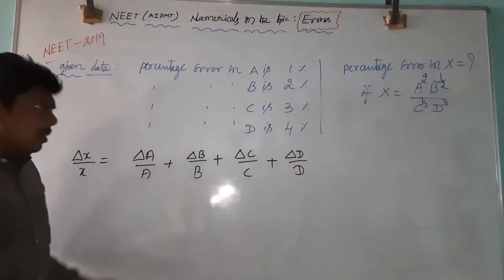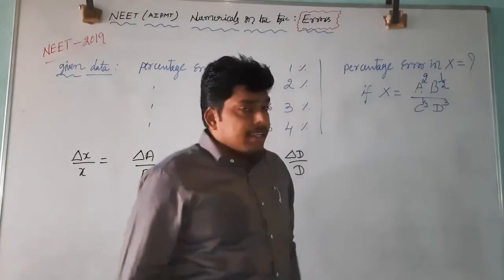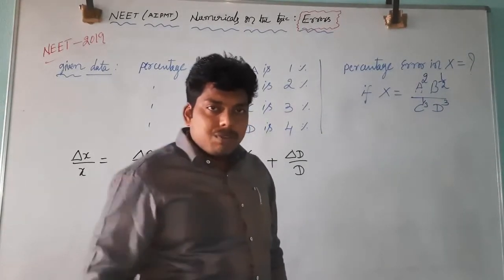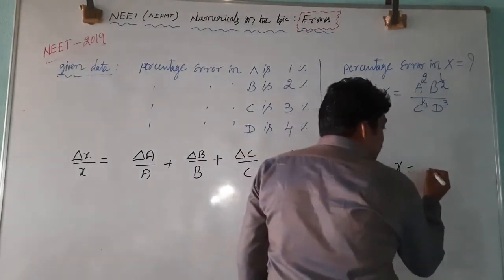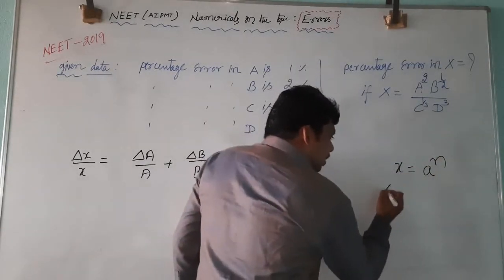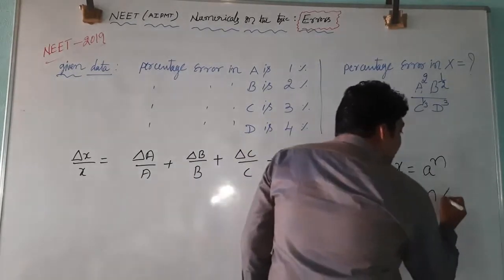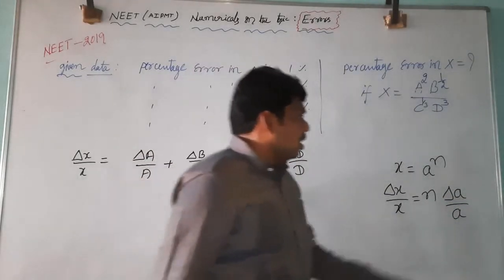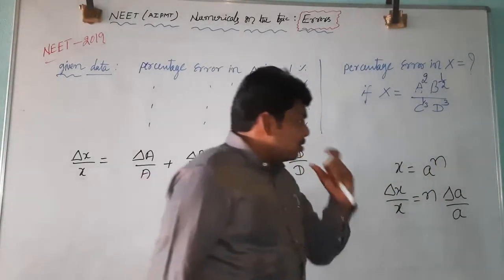Now, is there only product of certain quantities and ratio of certain quantities? No. Along with that one, power of certain quantities, the error due to power of physical quantity, that is given by, if X is equal to A to the power N, relative error in X is given by delta X divided by X equals N into delta A by A. And you should remember one condition: whatever the power is there, whether it may be positive or negative, we should take the magnitude only.